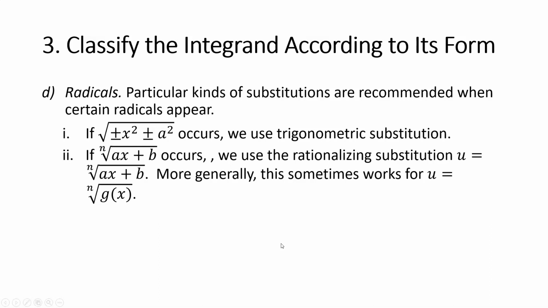And we saw in the last section that we can substitute a radical expression when we want to use what's called a rationalizing substitution. So that's one thing to look out for. And another thing to look out for are the forms where we can use a trigonometric substitution. So those are the radicals of the form x squared minus a squared, or x squared plus a squared, or a squared minus x squared, where we know that substituting a trig function will allow us to simplify it with trig identities.